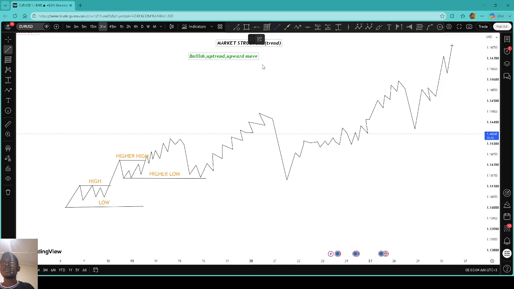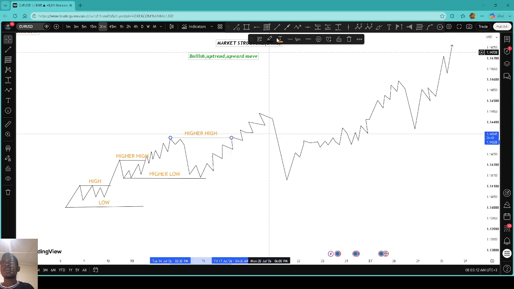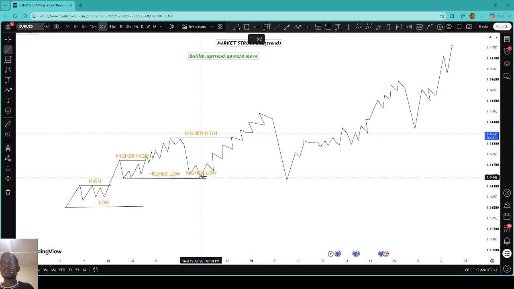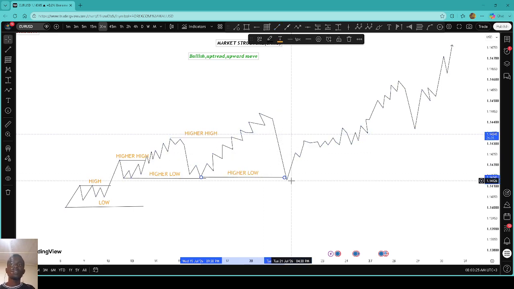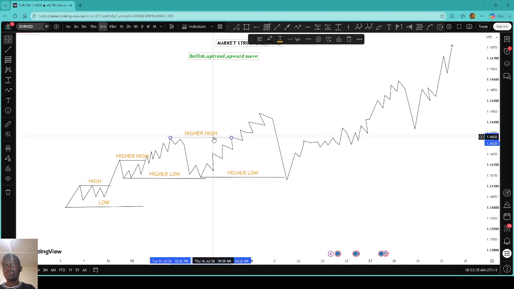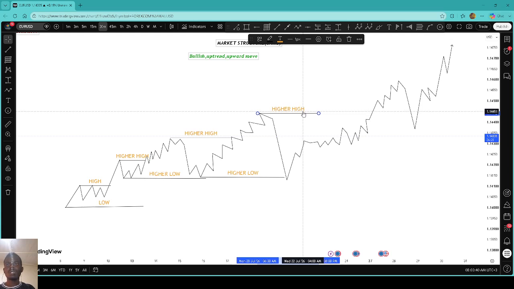Then another higher high. Another higher low. Now look at this. Price breaks this higher low. Many people will be like, what do you do after there?